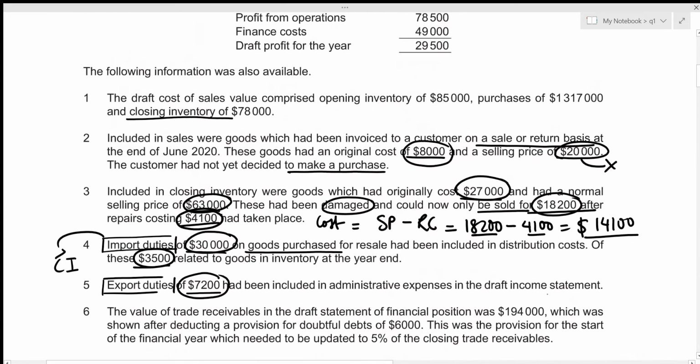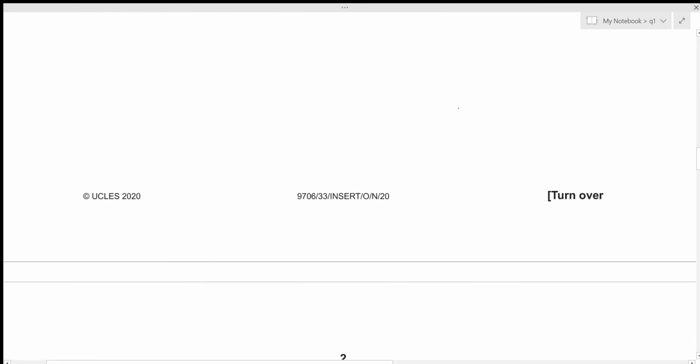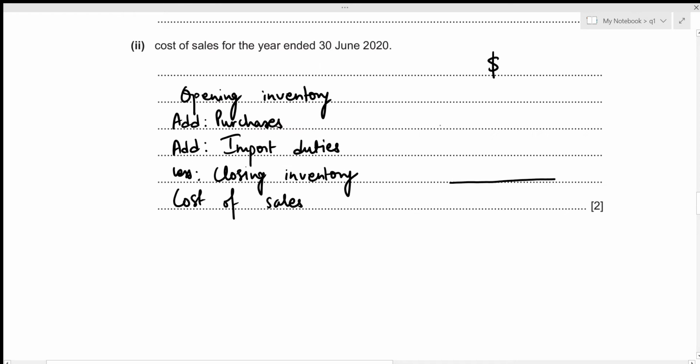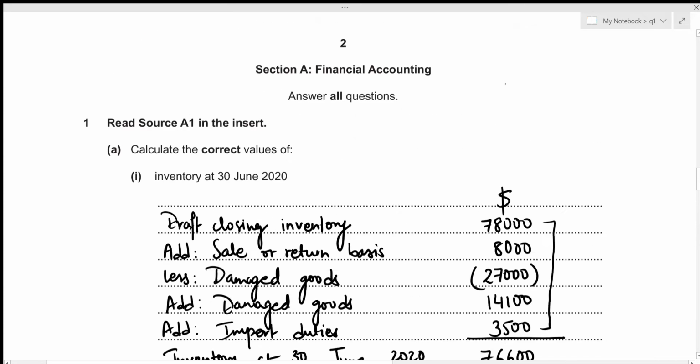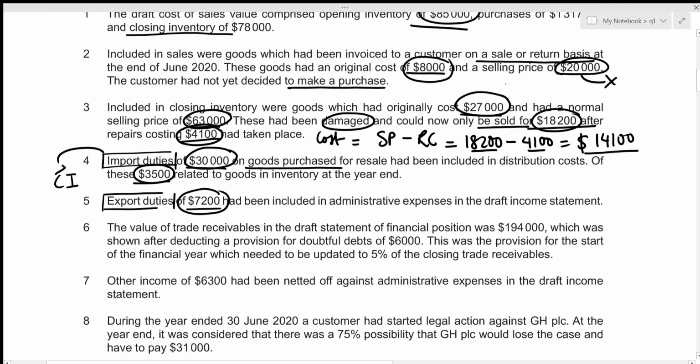So we were told that the opening inventory was 85,000 and there are no changes to be made in our opening inventory considering all of this information, right? So we can just substitute this value of 85,000 into our statement. So that's 85,000. Then we need to include our purchases.